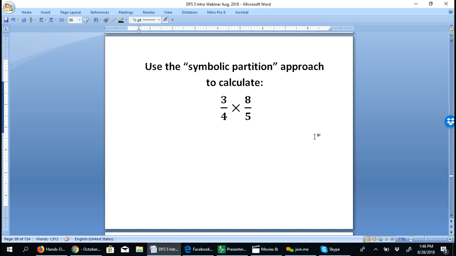I need to find out 3/4 of 8/5. So I need to partition 8/5 into a certain number of equal parts. How many equal parts do I need to partition it into?